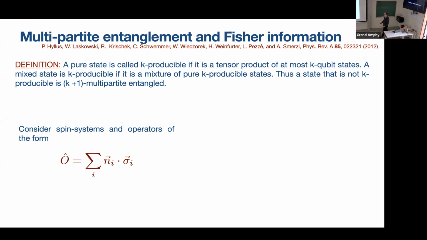I will consider just spin 1/2. n is a generic unit vector that can be arbitrary.